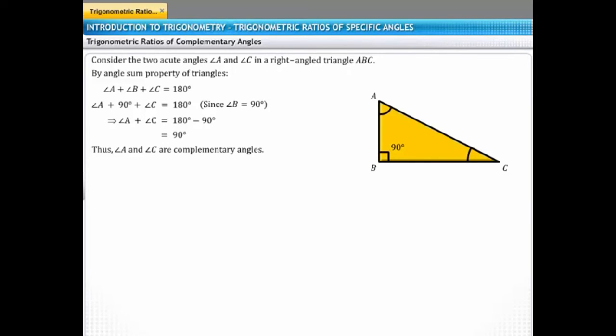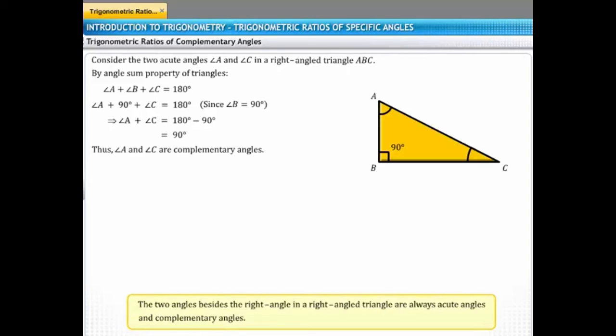What is true for triangle ABC is true for all right-angled triangles. The two angles, besides the right angle in a right-angled triangle are always acute angles and complementary angles.